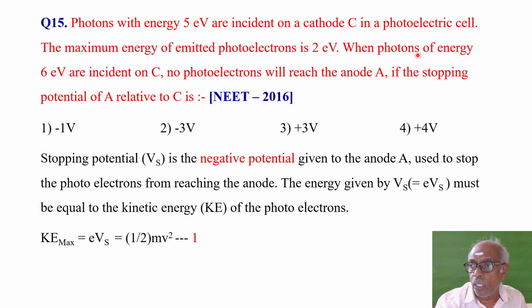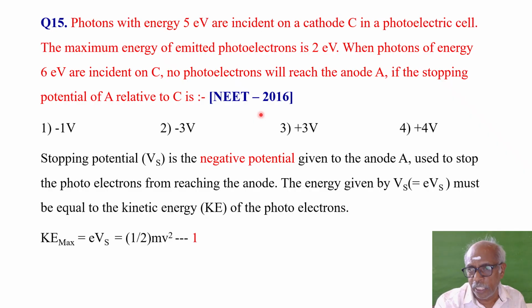When photons of energy 6 electron volt are incident on C, no photoelectrons will reach anode A if the stopping potential of A relative to C is this much. How much? Minus 1 volt, minus 3 volt, plus 3 volt, plus 4 volt. This question was asked in the NEET examination in the year 2016.